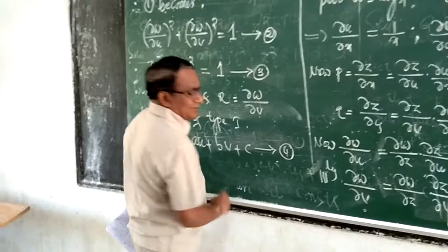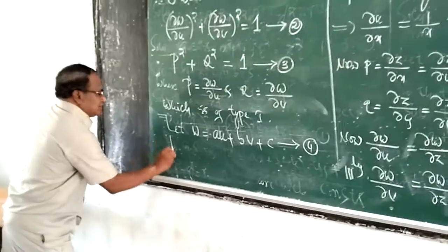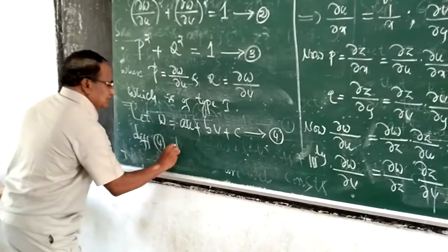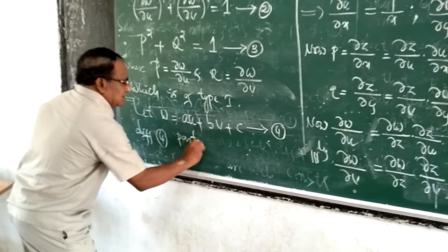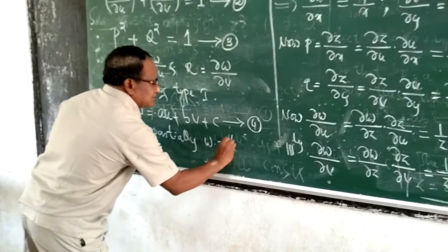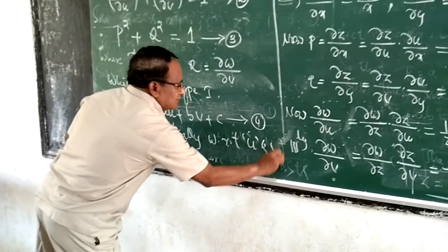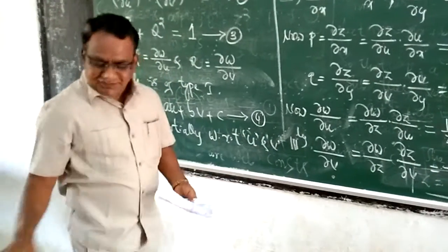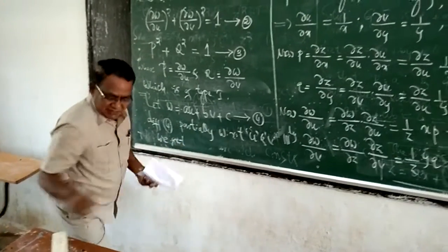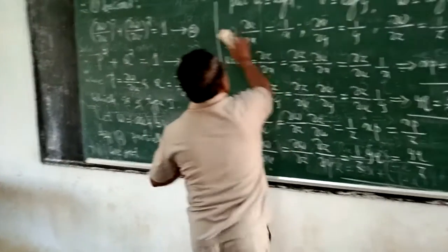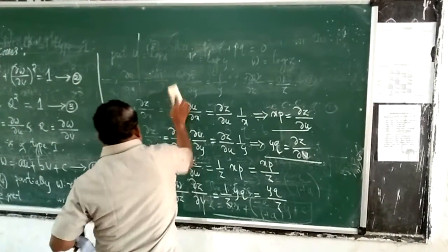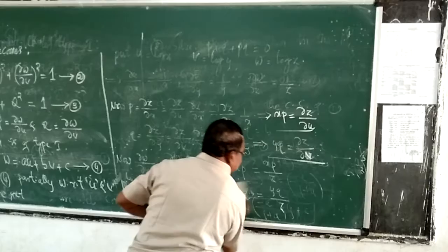Differentiate this equation partially with respect to u and v here. What we get? Come on, tell me.